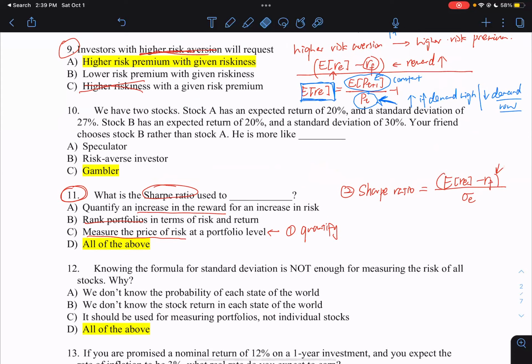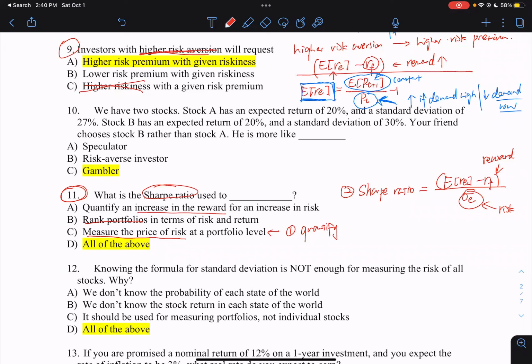My writing is terrible. The expected value is some reward in your mind or in your expectation. And the denominator is the risk. So it's the way people measure the portfolio risk.